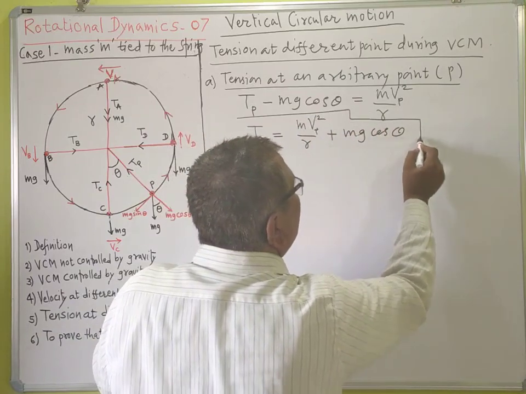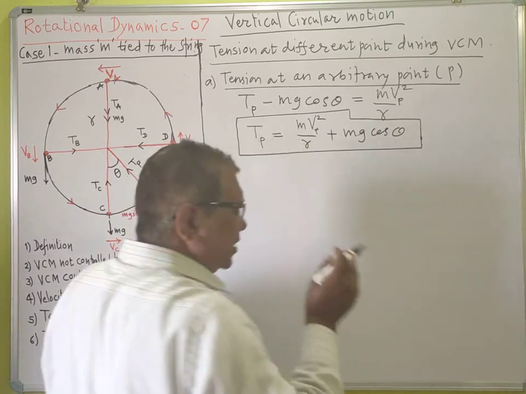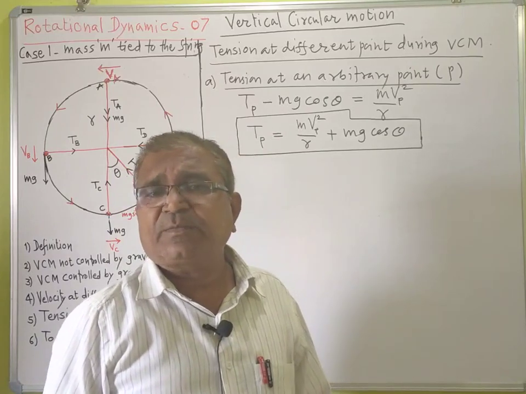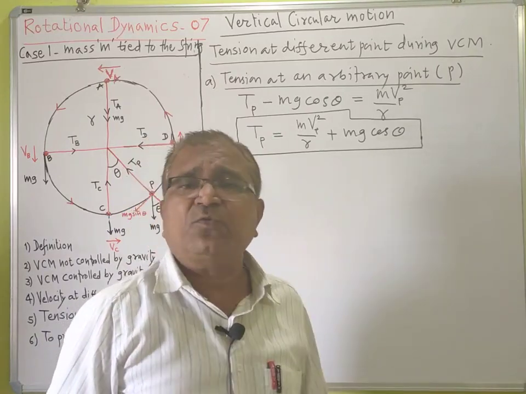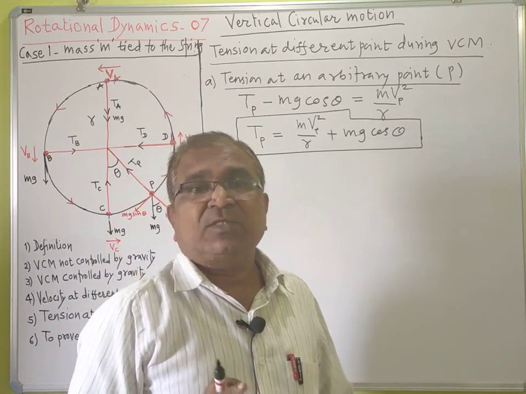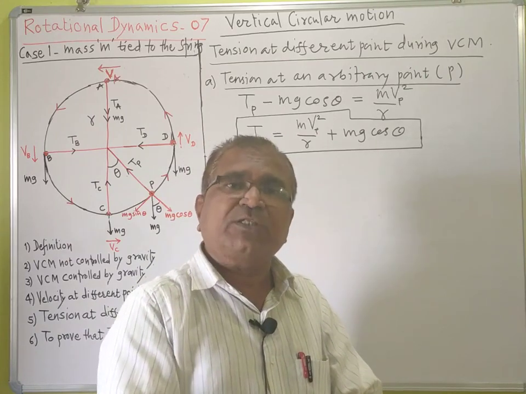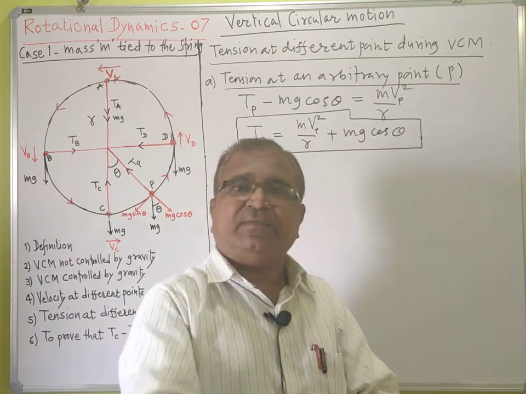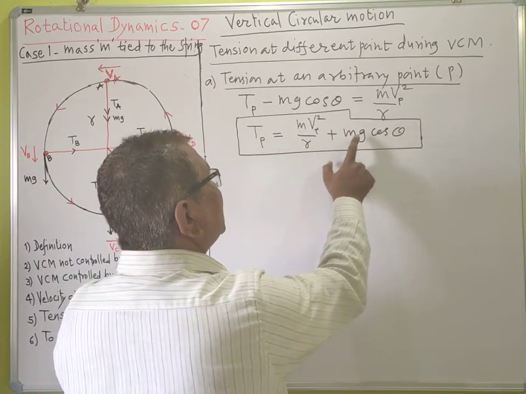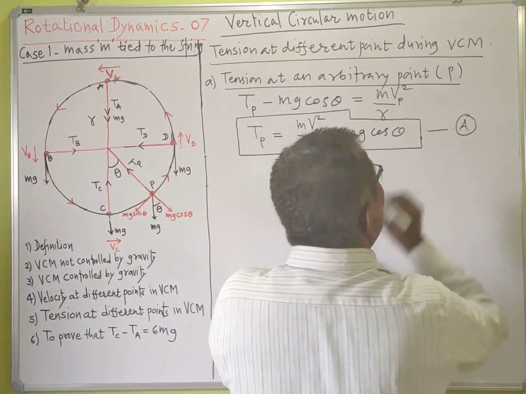Dear student, you should write this equation many times, recall it many times, remember it, because this equation is very useful while solving various types of numericals. So the tension acting at an arbitrary point during vertical circular motion under the control of gravity is Tp equal to m vp square upon r plus mg cos theta. This is the most important equation that we got.